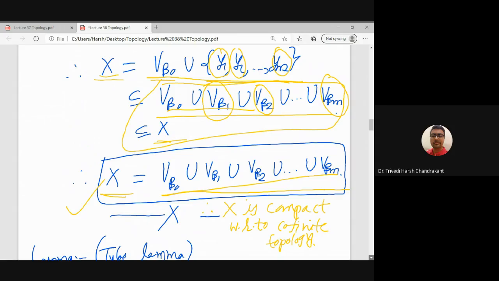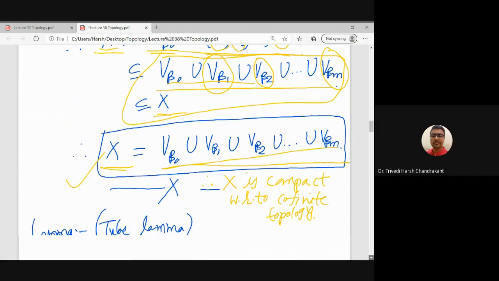So whatever set X we take, whether it is finite or infinite, and we define the cofinite topology on that particular set X, then with respect to the cofinite topology X is always a compact space. So this is a simple example which we have discussed.